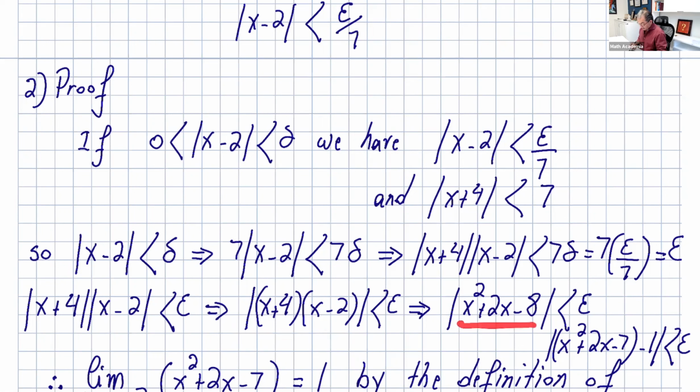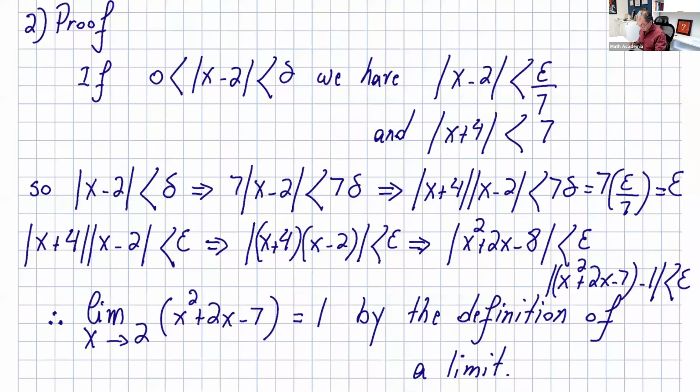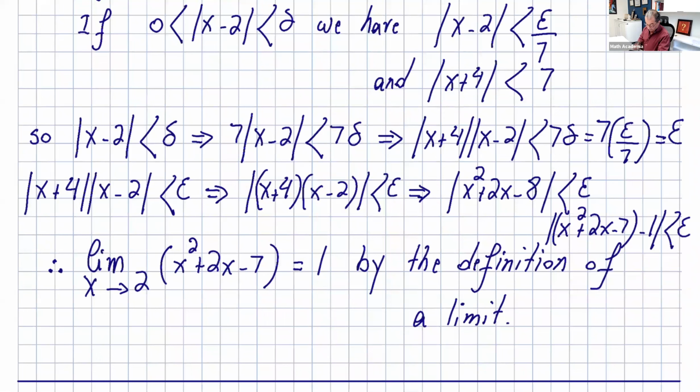You can expand, you can pick your f of x, which is x squared plus 2x minus 7, minus 1, and this is our L. And we know that if the absolute value of x minus 2 is between 0 and delta, then the absolute value of x squared plus 2x minus 8 is less than epsilon. So they both imply each other. Therefore, the limit as x approaches 2 of x squared plus 2x minus 7 equals 1 by the definition of a limit.